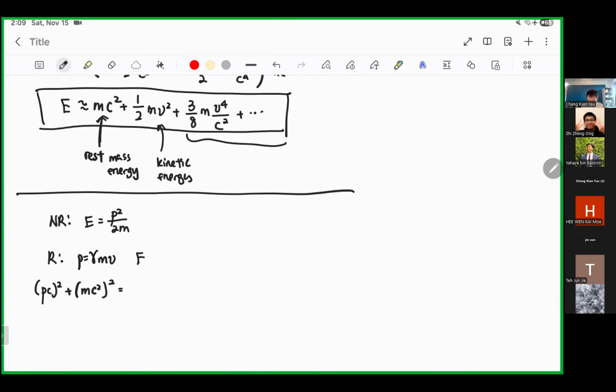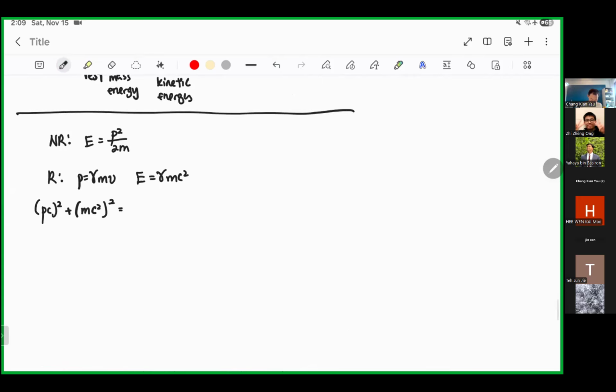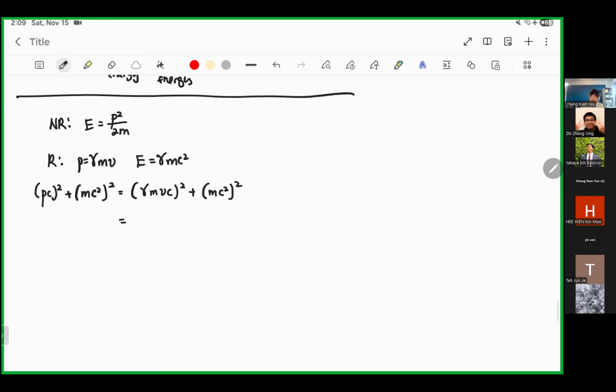p equals gamma mv, E equals gamma mc squared. Let's try to calculate this particular term. We can plug this in: p squared c squared plus m squared c to the power of 4, where gamma is 1 over the square root of 1 minus v squared divided by c squared. So if you square it, you just take out the square root.